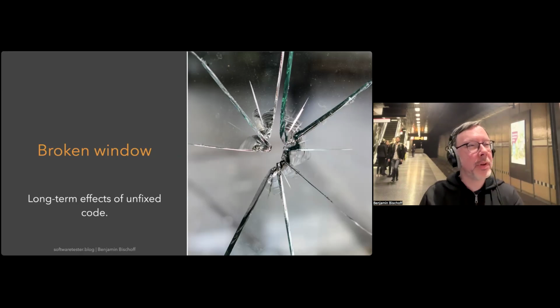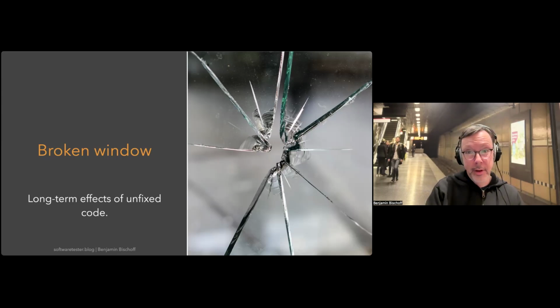There will be other people that break other windows because it seems like, okay, this broken window, nobody cares about that, so I can break another one. And sooner or later, you will have garbage in the hallways and a lot more will be broken. So this refers to long-term effects of unfixed code.